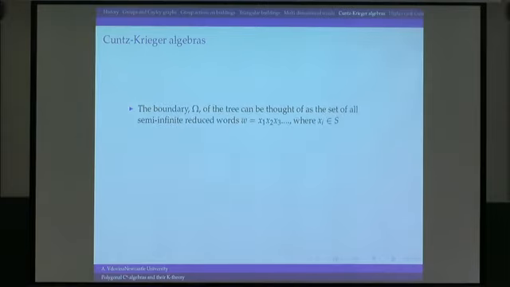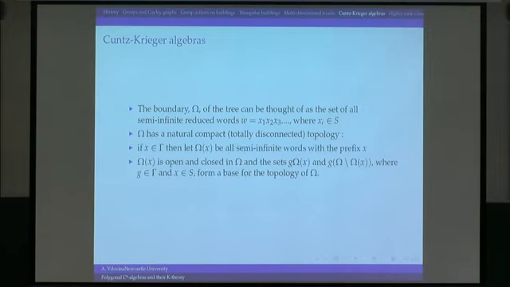And what is the boundary? The boundary of the tree is semi-infinite words. Then there is a natural topology which is defined on this boundary, and I think it's really a classical construction which I would like to remind.